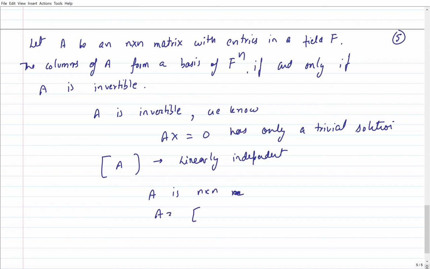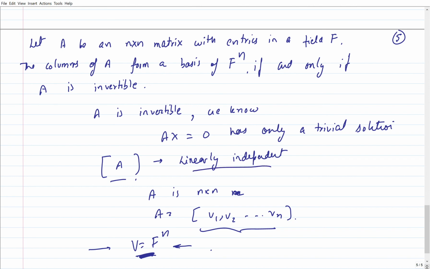So I have A is v1, v2, vn. I have n elements for A, and I need n elements for vector space V equals Fn. So I have n linearly independent vectors, which is going to give me an invertible matrix. So I can prove it both ways.